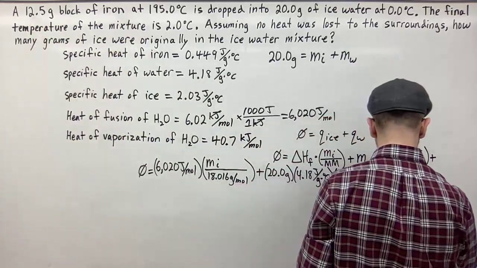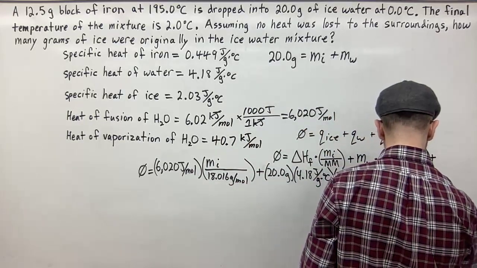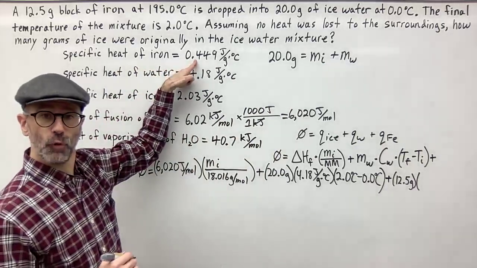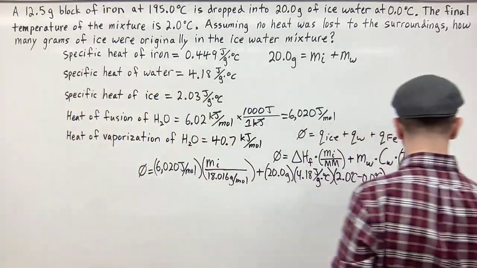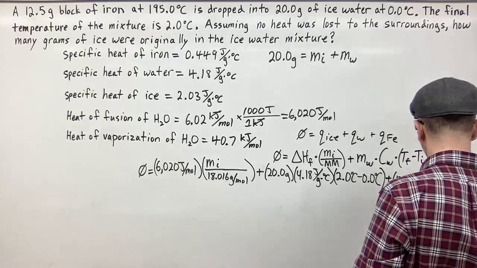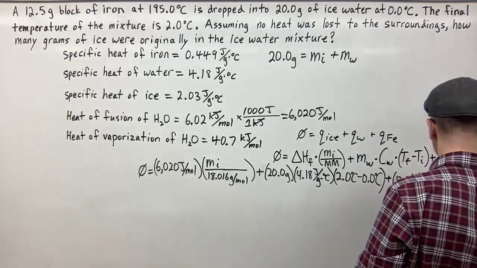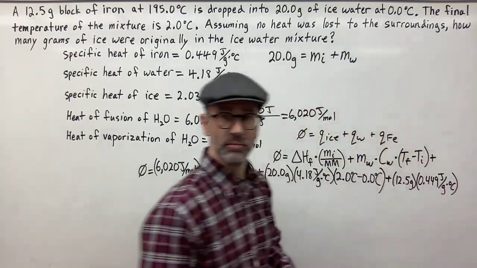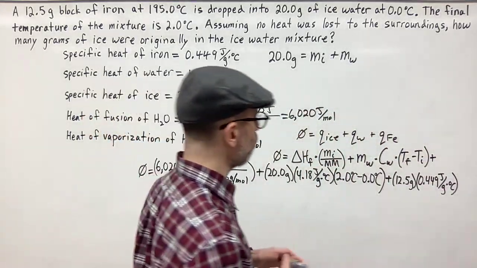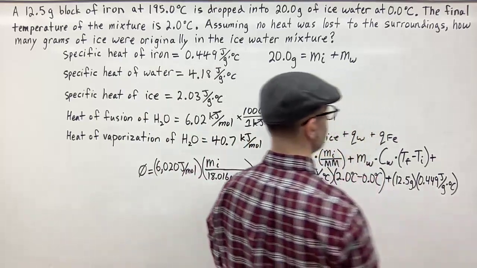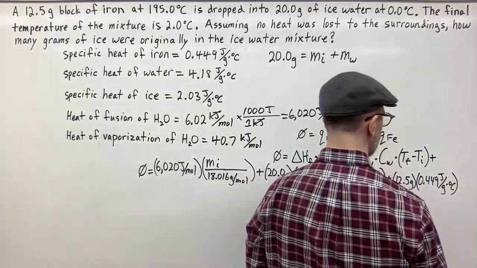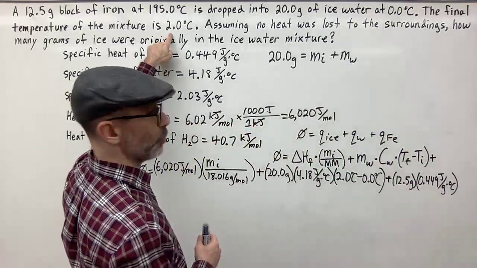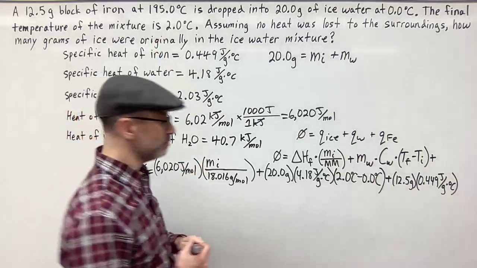So that's going to be 12.5 grams multiplied by the specific heat of the iron, which is 0.449 joules per gram degrees Celsius. And then, of course, multiplied by the temperature change, which in this case is going to be final temperature again is 2.0 degrees Celsius.